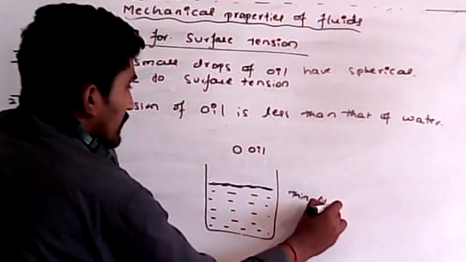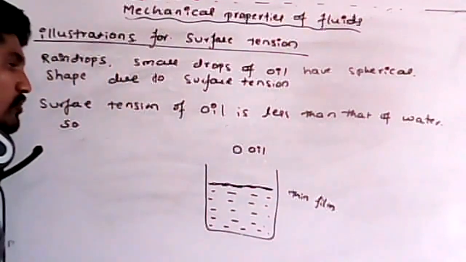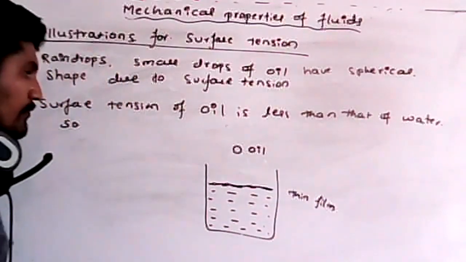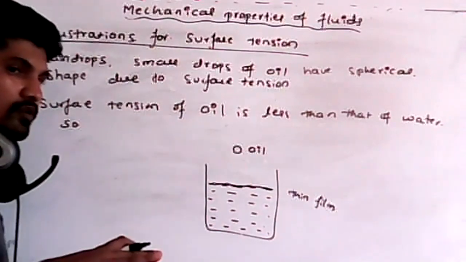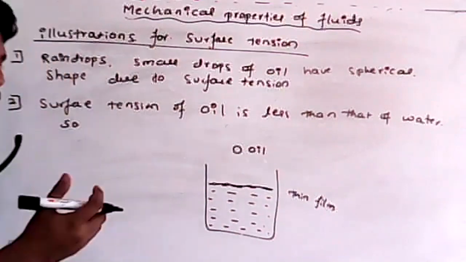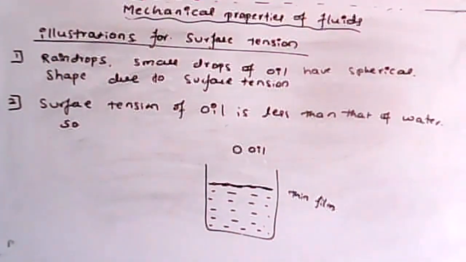Have you seen these things? Did you observe all these things in your daily life? Once you drop one drop of oil on the surface of water, then in the presence of sunlight, what will happen? It will give you a color pattern. Why? Because of surface tension. Remember, students.